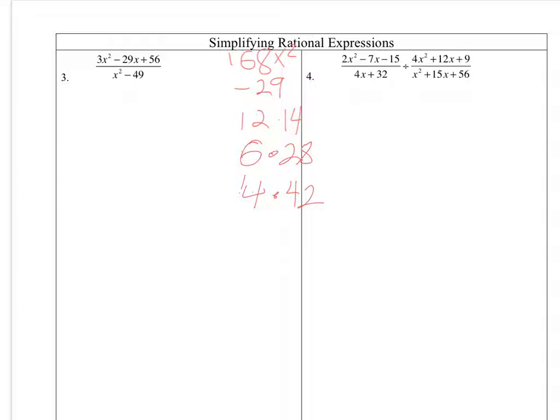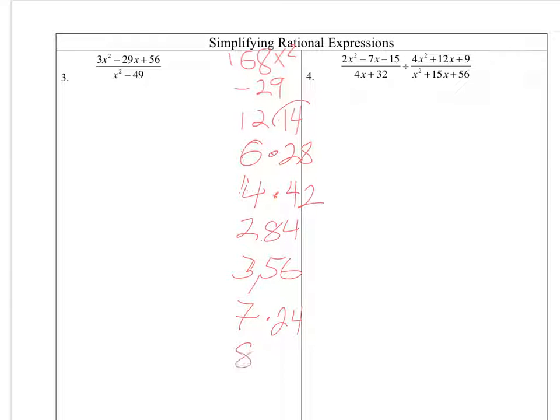Also doesn't work. 2 and 84, even worse. 3 and 56. Nope. 4, 5 doesn't work. 6, 7 will work. 7 times 24, because that's divided by 2 times 2. Nope.